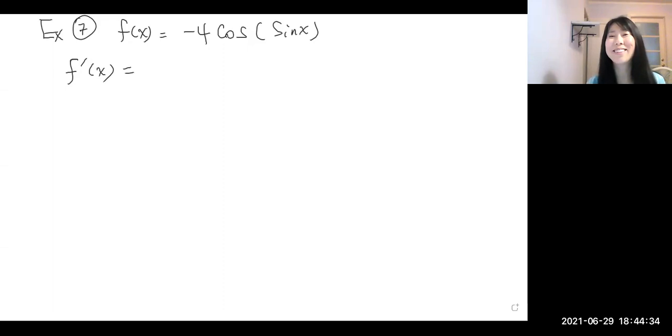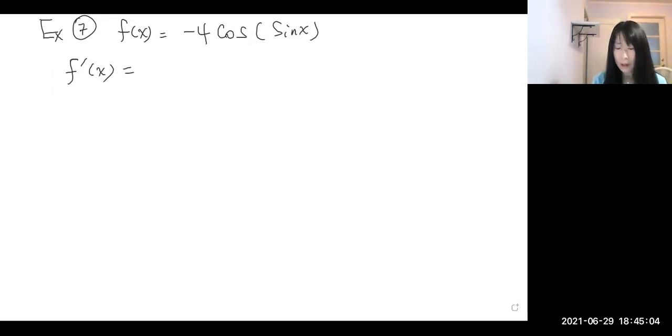How do we start? Take the derivative of the outside. What is that? 4 sine, with sine of x still inside of it. So basically we need a derivative of cosine first, right?